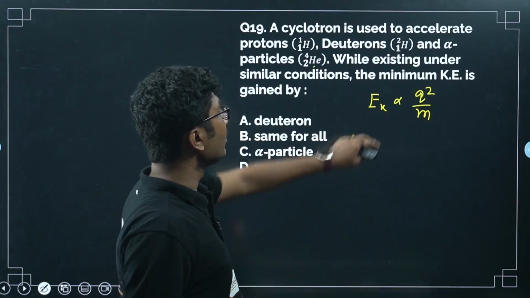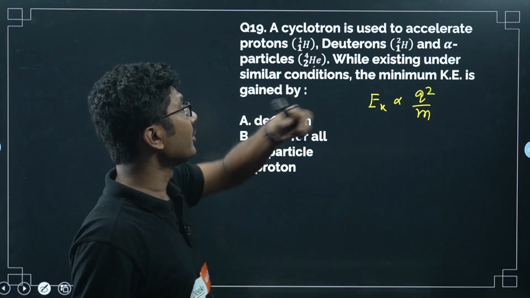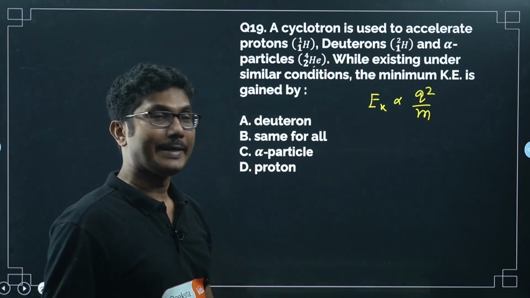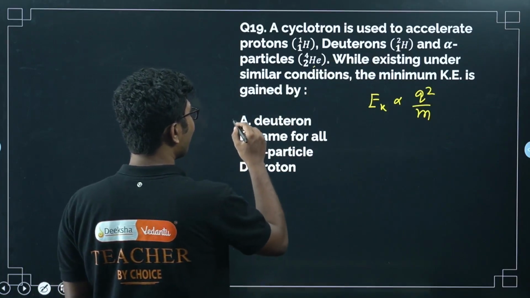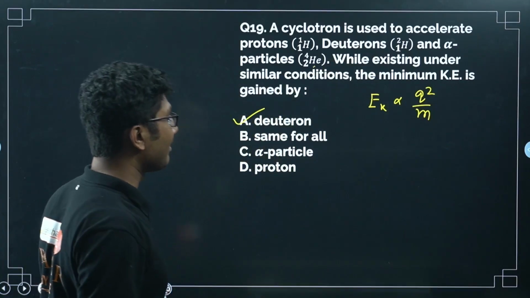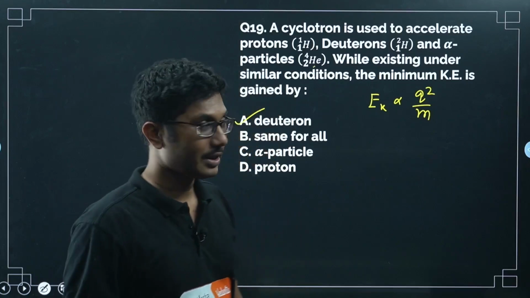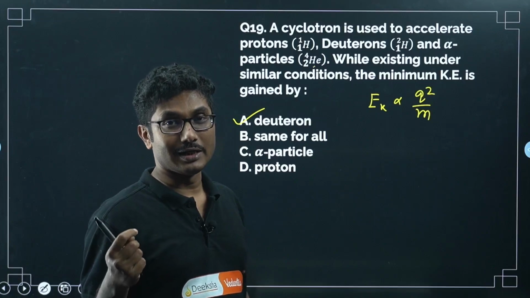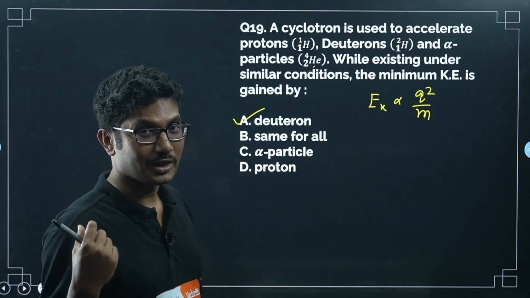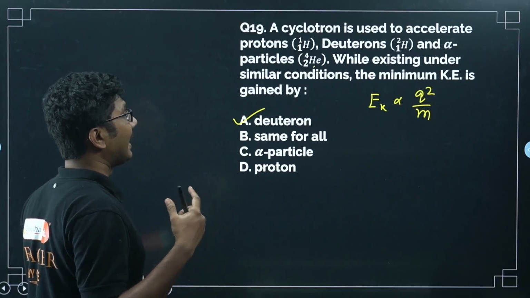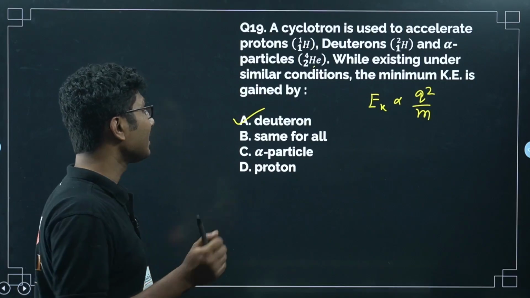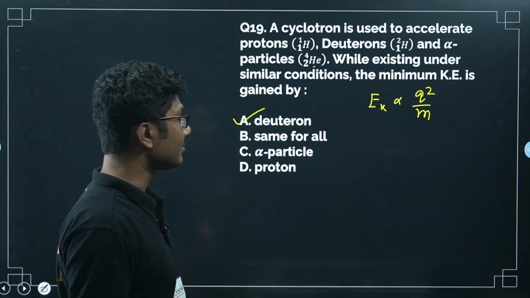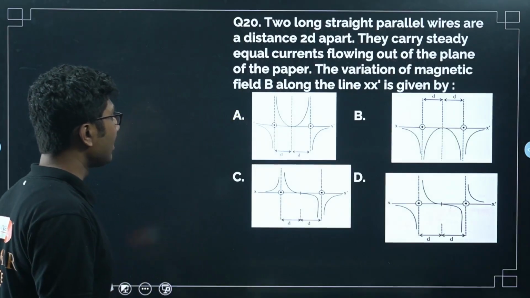So it will be equal to that of the protons. But for deuterons, mass is 2m, but charge is the same, so it will be less, minimum for deuteron, not for helium as you might think because of the mass. Or maybe you are thinking that mass is more for helium, so kinetic energy should be more for helium and less for hydrogen. So this is a very confusing and good question if cyclotron was included in your syllabus, but it is no longer there, so no need to worry about it.